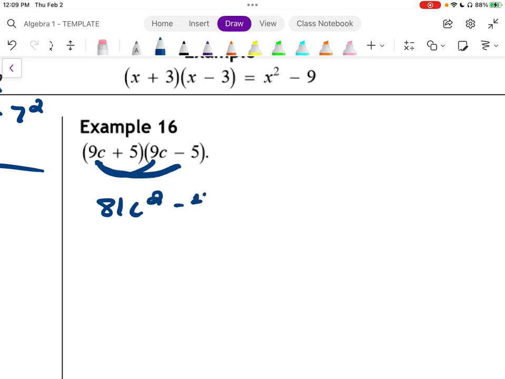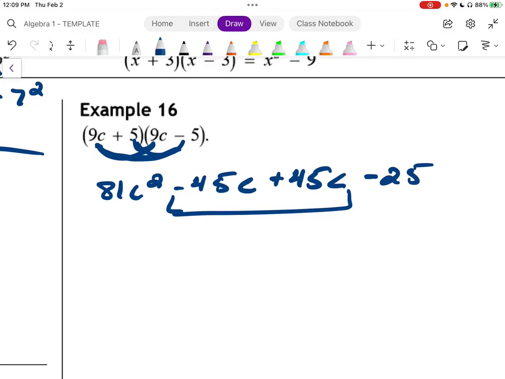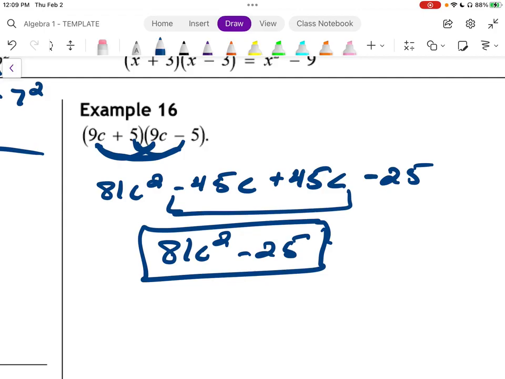Then we get negative 45c, positive 45c, and negative 25. Our middle pieces cancel, which is what should happen with conjugates. We should be expecting that. And then we get 81c squared minus 25. And that's that.